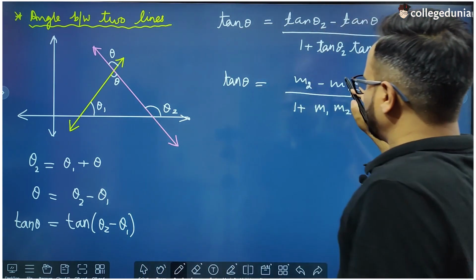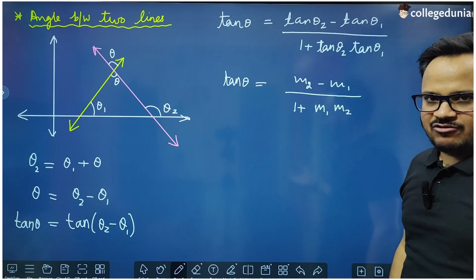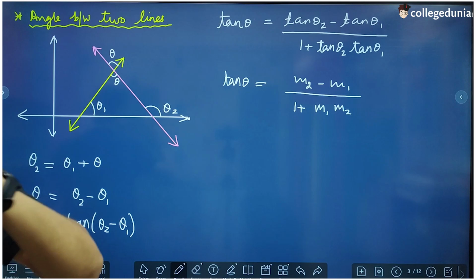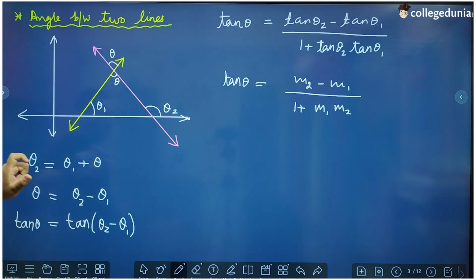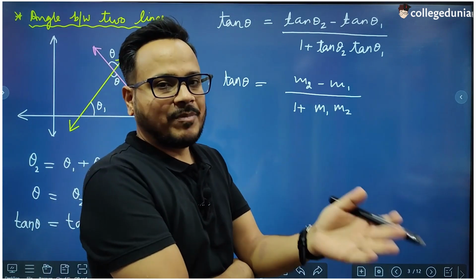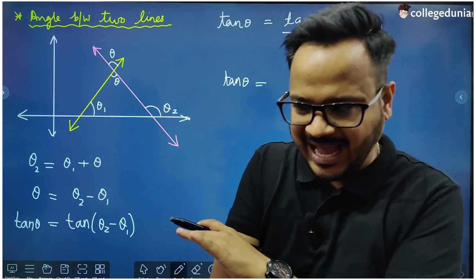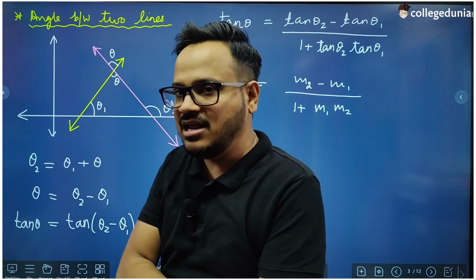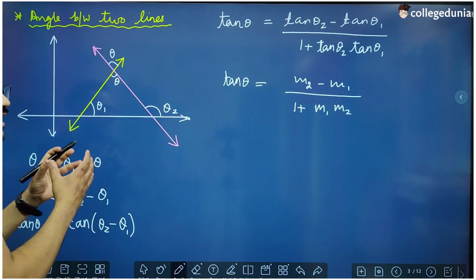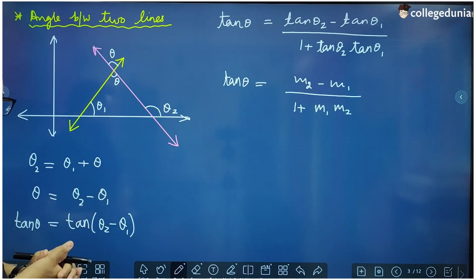And now this value can be positive or negative, because m2 can be greater than m1 or m2 can be less than m1. When the slopes of two lines are given, and it is not specified in the question, then you have to take this slope as m1, this as m2. So you can take any value as m1 and any value as m2. So this answer can be negative. And when tan theta is negative, theta lies in the second quadrant.